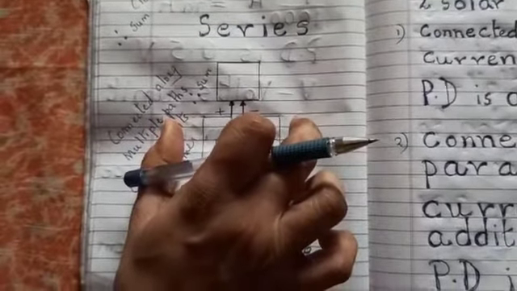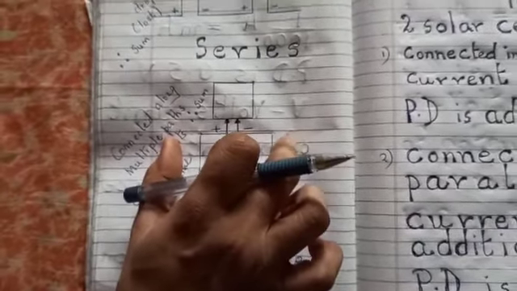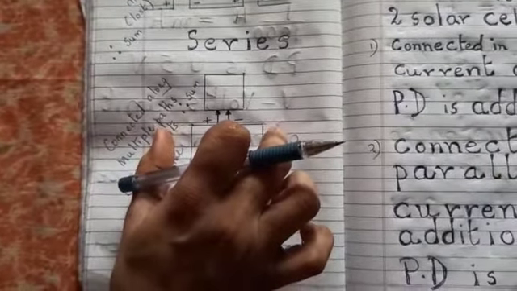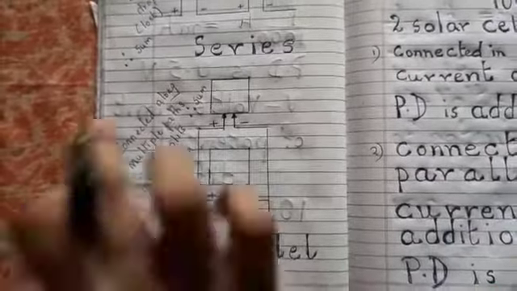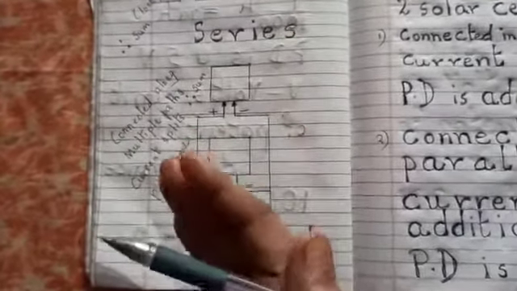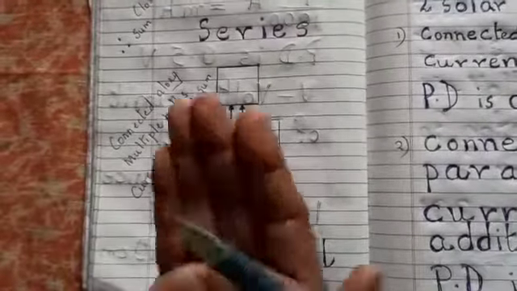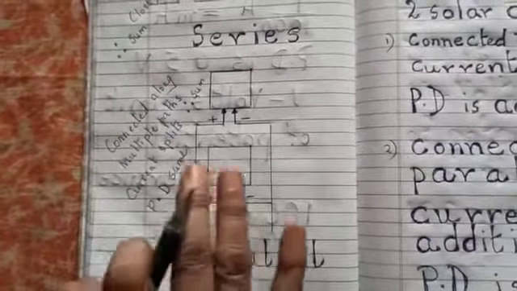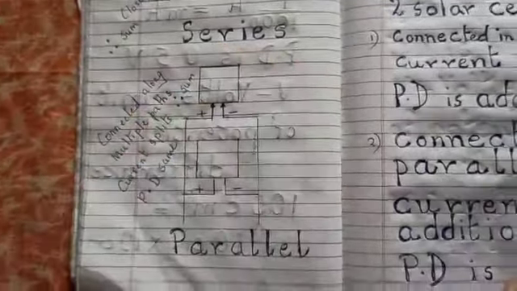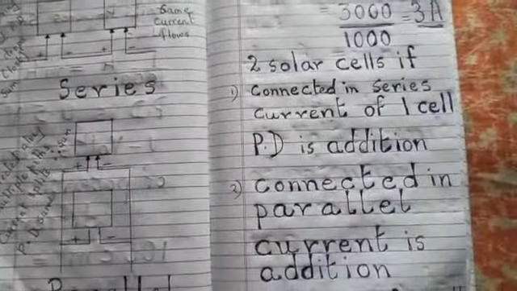That is, the positive and the negative terminal are at the same level. So, the potential difference is of any one cell because the potential difference over here and over here is the same. So, current you have to add, whereas the potential difference you have to take of any one cell.